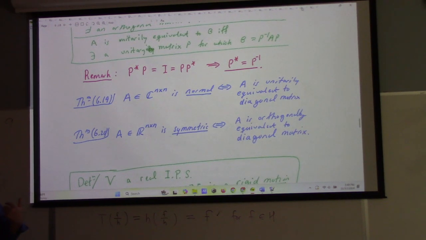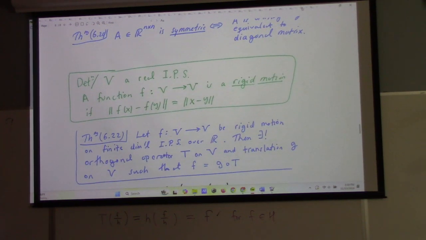All right. And likewise, A is symmetric if and only if A is orthogonally equivalent to a diagonal matrix. So that means I can sandwich A between an orthogonal matrix transpose and an orthogonal matrix and change from a complicated formula for A into just a diagonal formula. We'll see what that means for us in a minute.